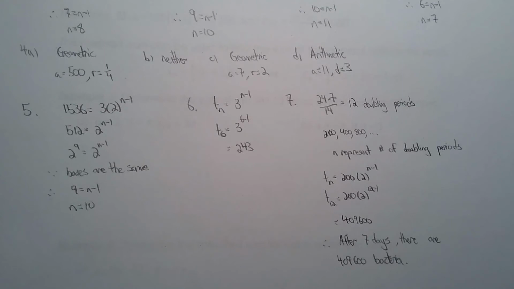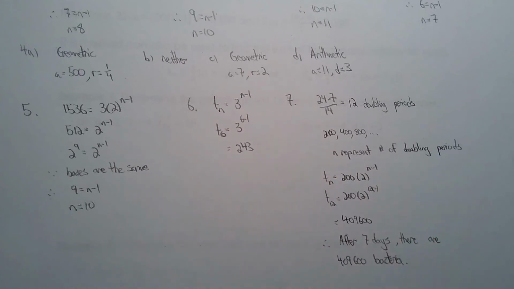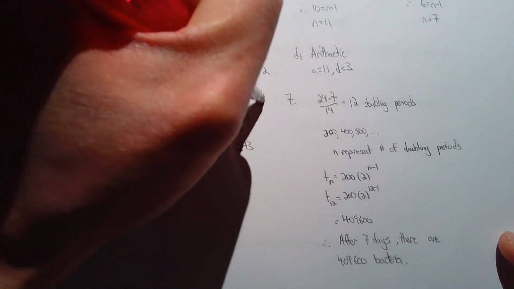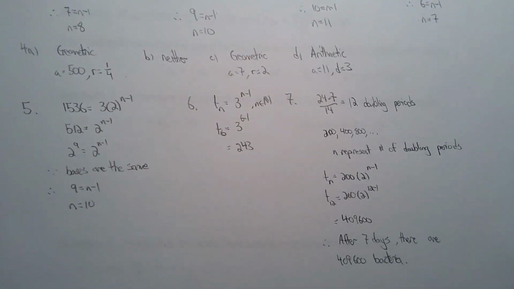If you continue that pattern, you're basically tripling the amount of shaded triangles you have. So you can use the formula for the general term of a geometric sequence, because the number of shaded triangles is a geometric sequence. And there's a natural number there.